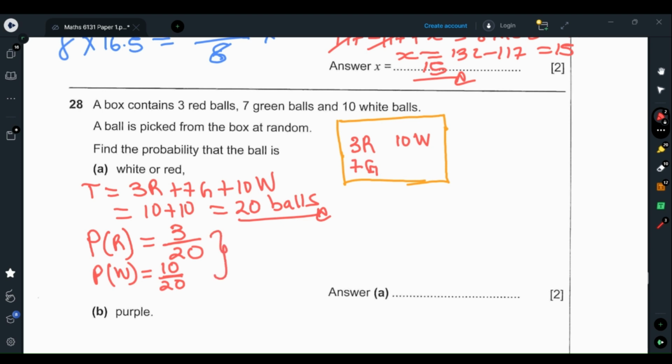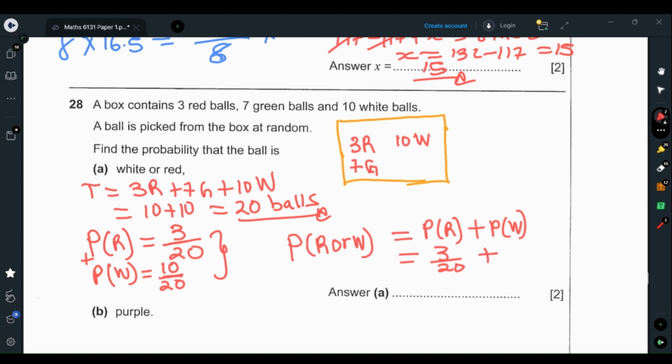Therefore, the probability of picking red or white balls is equal to, I just add these two, probability of red ball plus probability of white balls, which is 3 over 20 plus 10 over 20, which gives 13 over 20, which is exactly the same thing as 0.65.